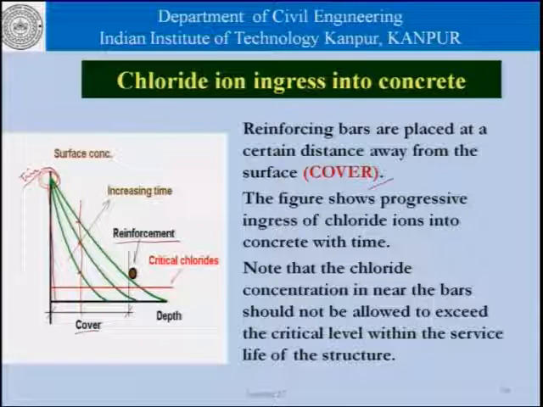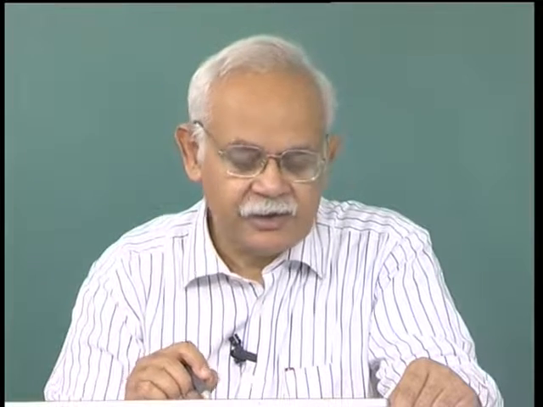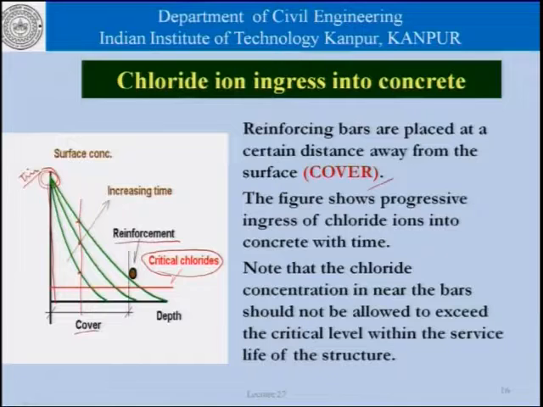So, if we have a certain critical chloride concentration level, that is that concentration level at which the passivating film is damaged, then what we need to ensure is that at the location of the bar, that is at the cover depth, the chloride concentration should not be allowed to exceed this critical level in the service life of the structure.